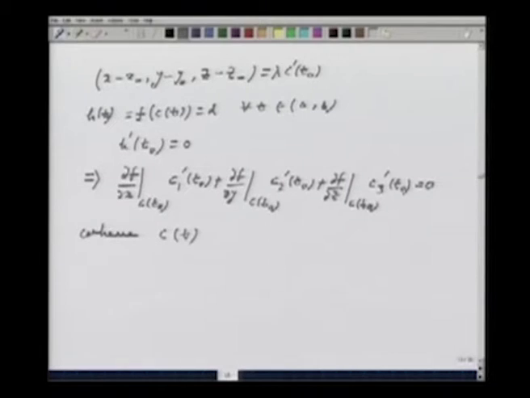Well, C(t) is given by c1(t), c2(t), because it's a curve in R3, c3(t).